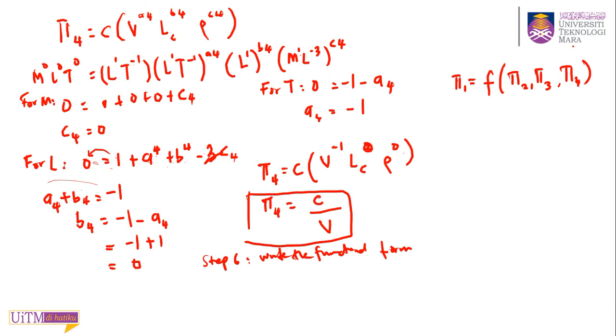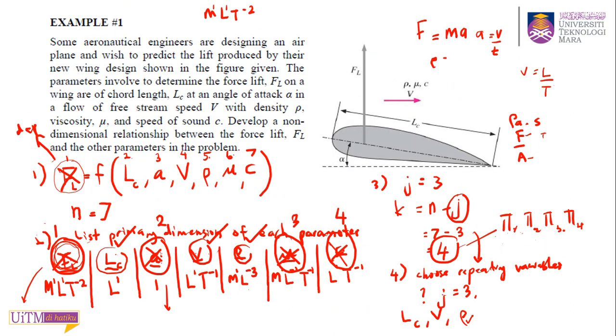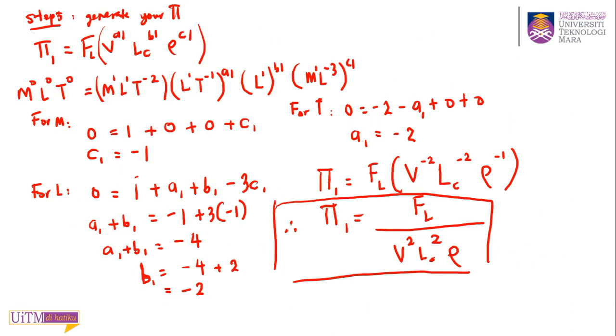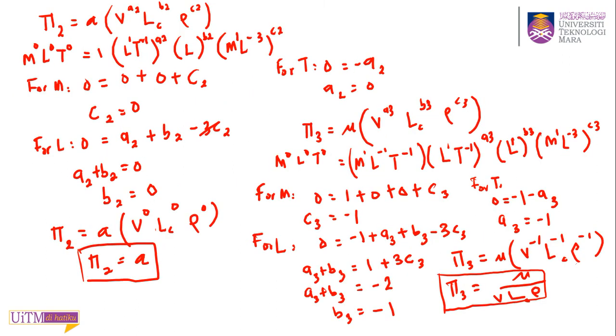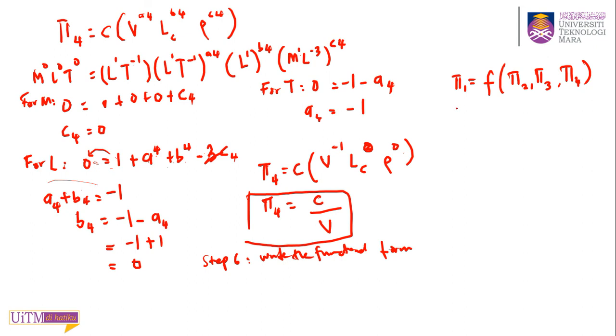Pi 1 is FL over V squared, that is FL over V squared LC squared rho, equal to f of pi 2.